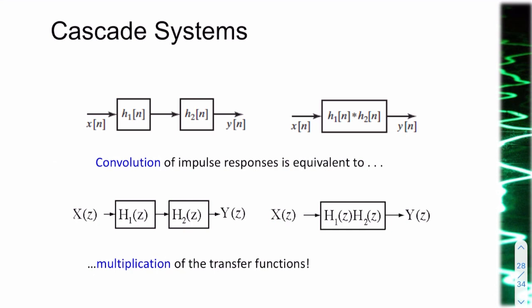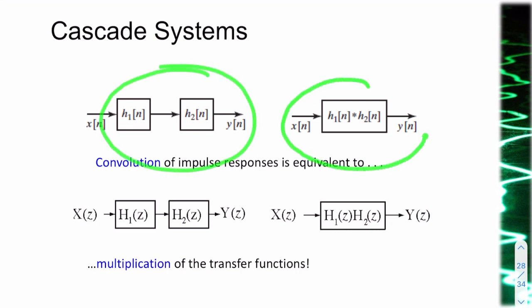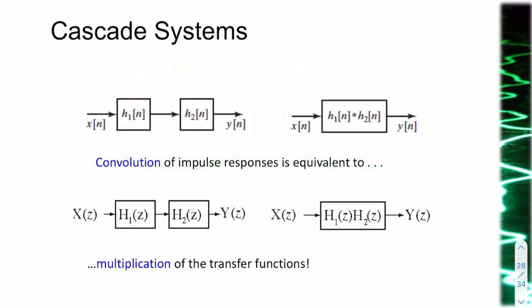And exactly the same, we've spoken about cascade systems, and this is how they look in the time domain. In the frequency domain, this convolution becomes multiplication. So you're allowed to multiply the transfer functions of cascaded systems. And you do that in the z domain just as you would in the s domain.